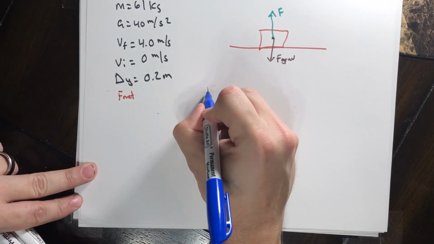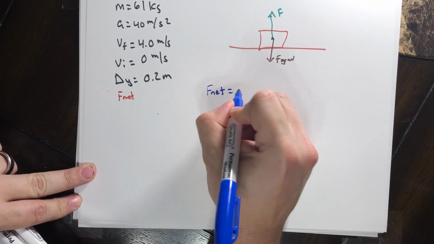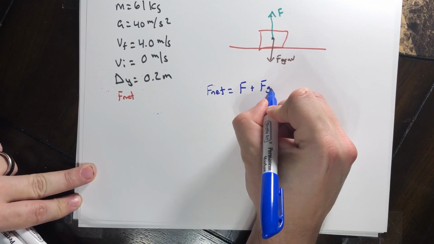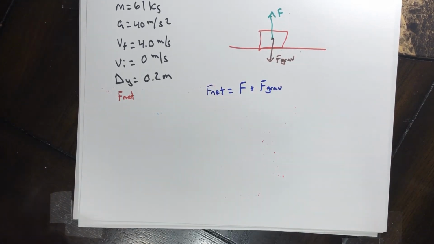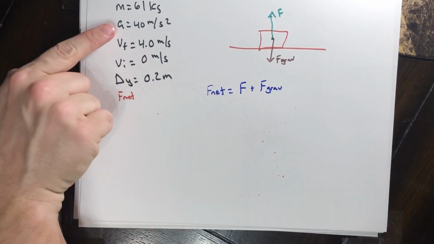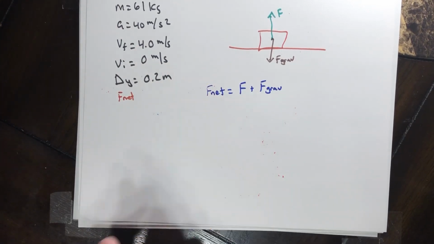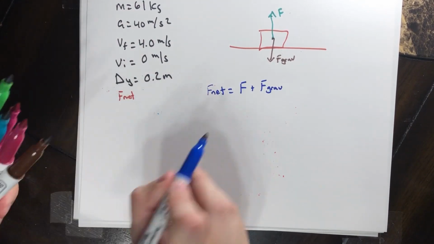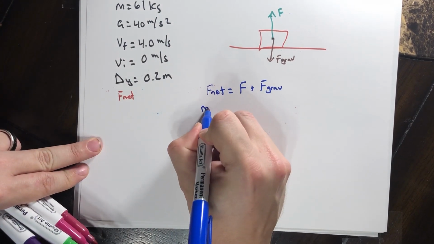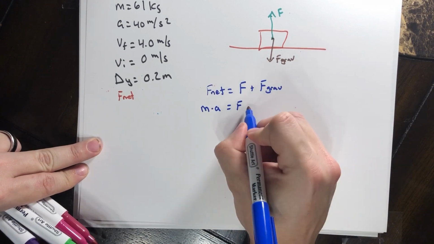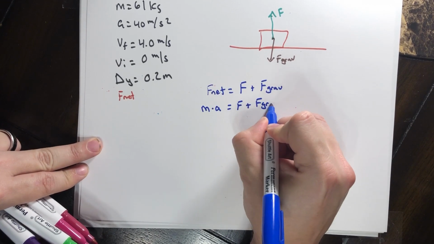So net force equals the force of him pushing plus the force of gravity. Well, we know net force has to be his mass times his acceleration. So his acceleration times his mass, that's our net force. So we can go ahead and plug that in and say m times a. So his mass times his acceleration equals the force of up plus the force of gravity.